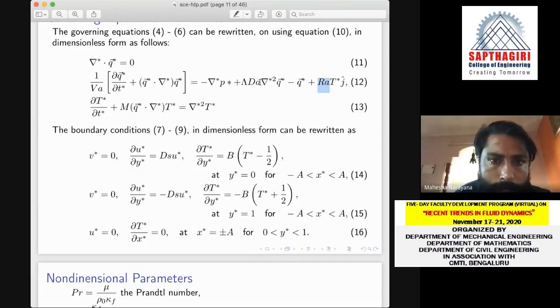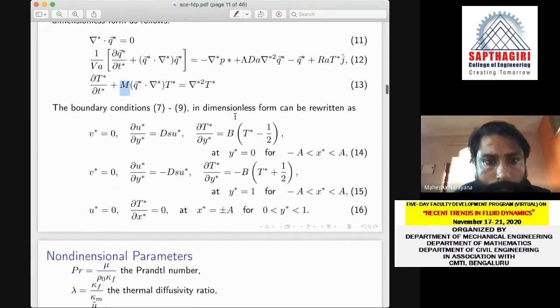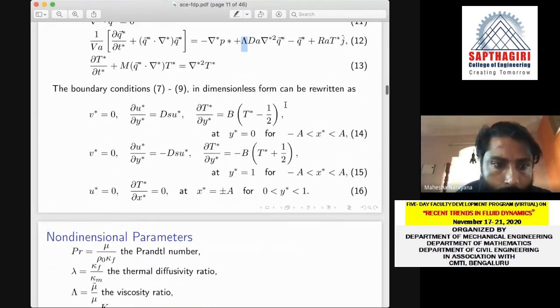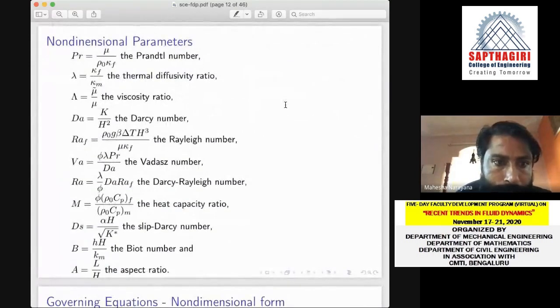DA is the Darcy number, lambda is the Brinkman number or the viscosity ratio, VA is the Vadasz number, and M is the ratio of heat capacities. So these are the governing parameters appearing in the non-dimensional equations, and their definitions are given in this slide.